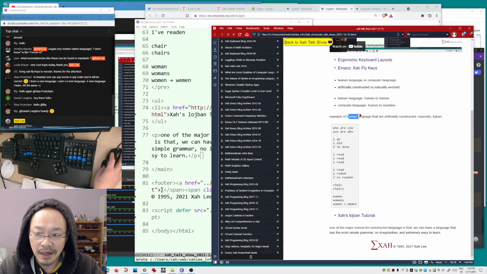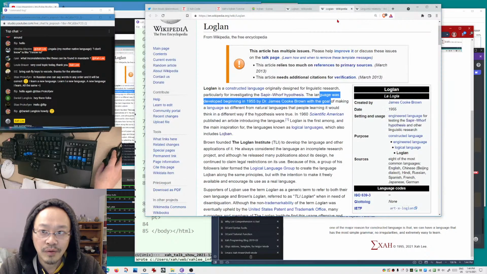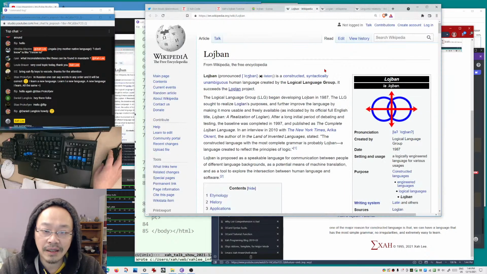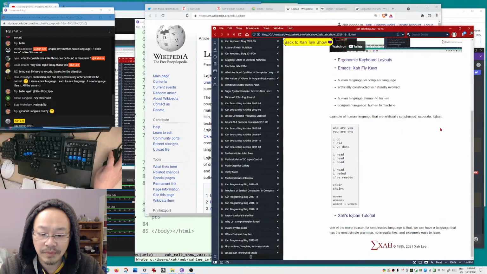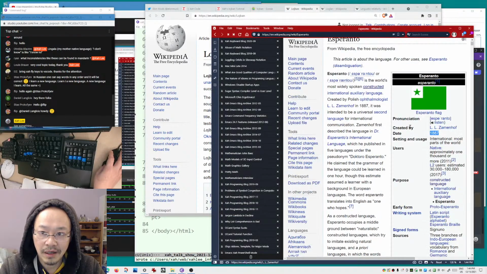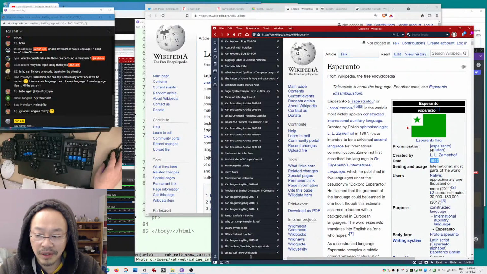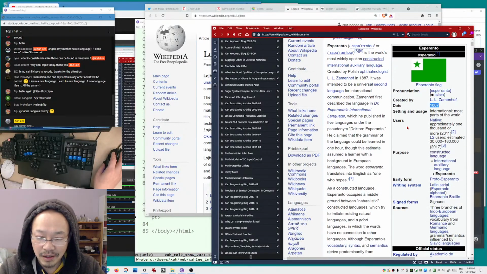Then we talked about human languages that are artificially constructed. And we gave an example of Lojban, we gave an example of Loglan, and the most famous example being Esperanto. Okay, some of the big examples. We talked about why they were created and what year they began.